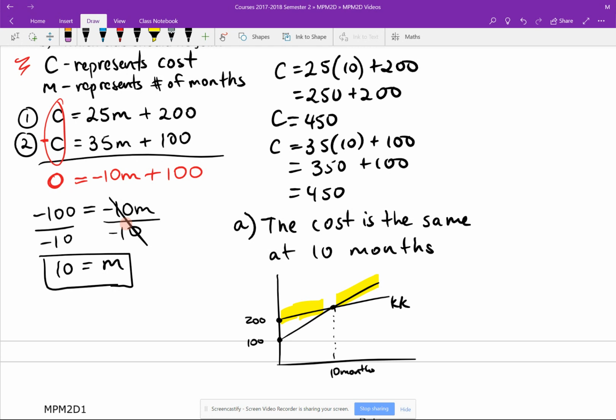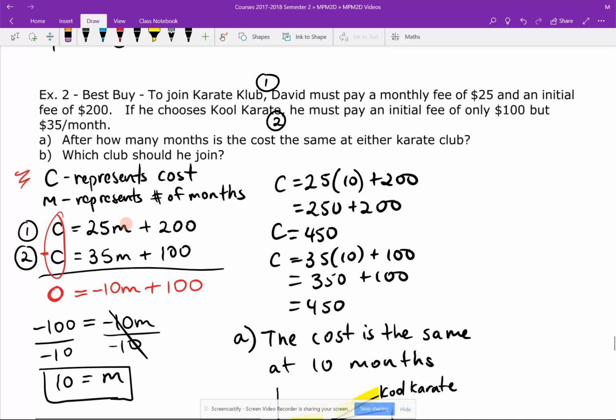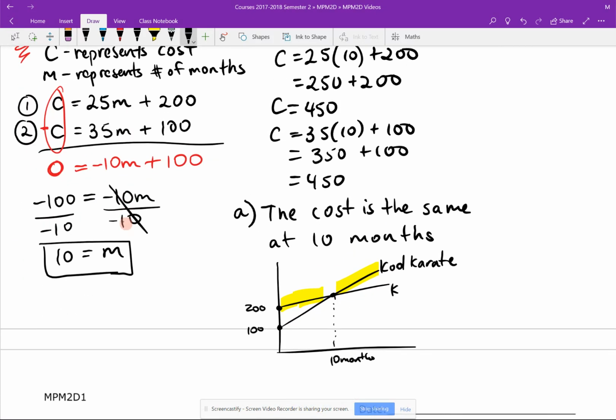So Cool Karate, I should have said this. So Cool Karate is number two, and I don't want to confuse anyone here. Okay, so this is Karate Club. It has the higher starting cost, and its monthly rate is cheaper. And Cool Karate has the lower initial cost, but it has a much higher rate for its monthly plan. So at some point they meet at 10 months, it'll be the same price.